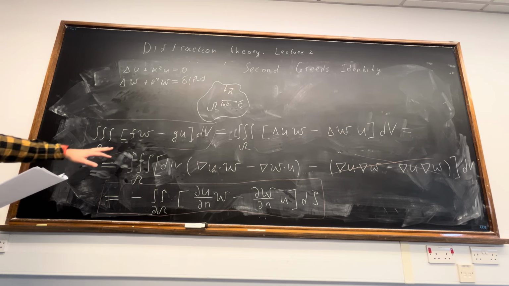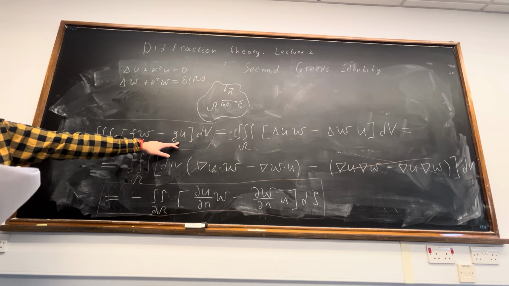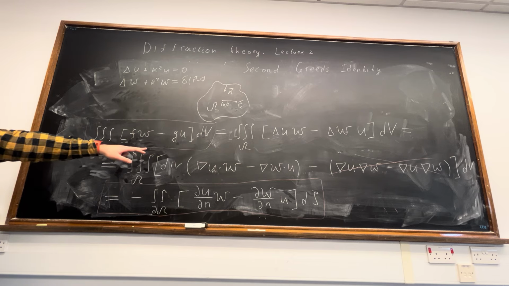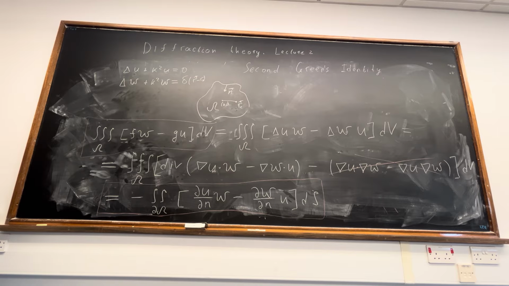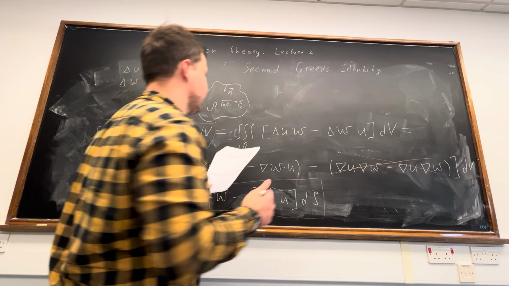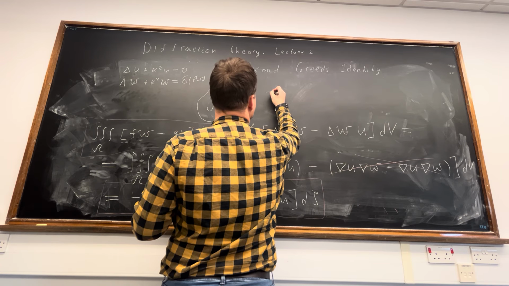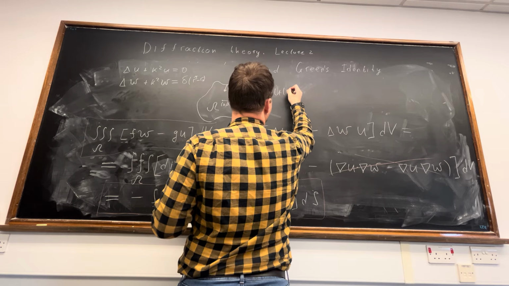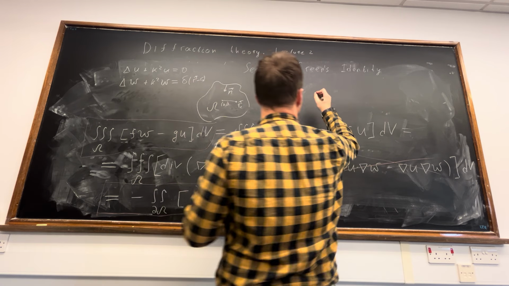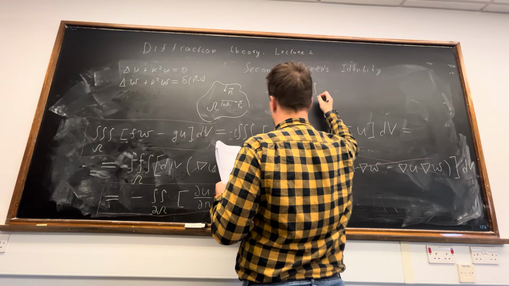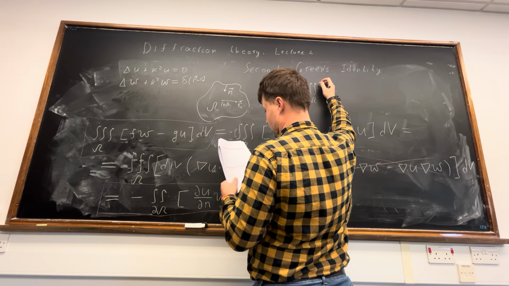So what do we get? We substitute, so this part is 0, and this part gives us u, because we integrate with delta function, get rid of the integral, and we will get something which is called a reconstruction formula.